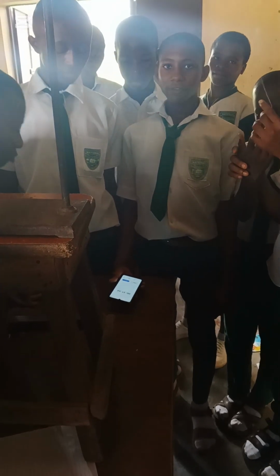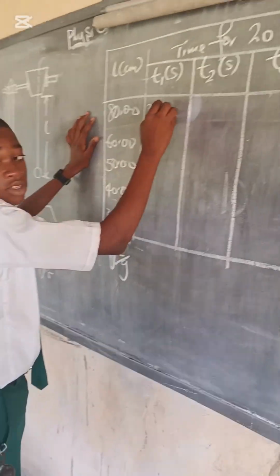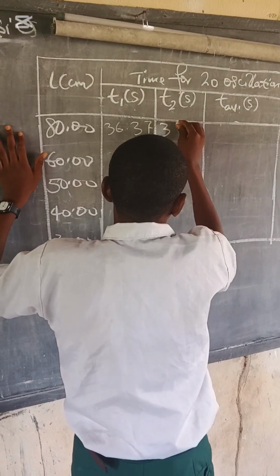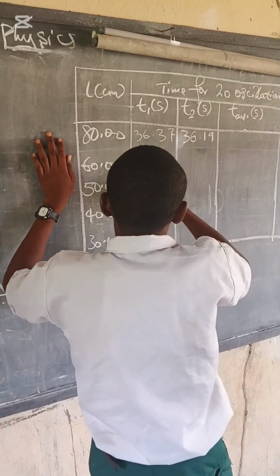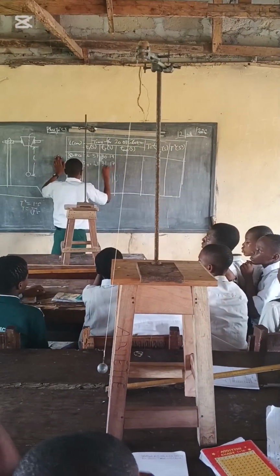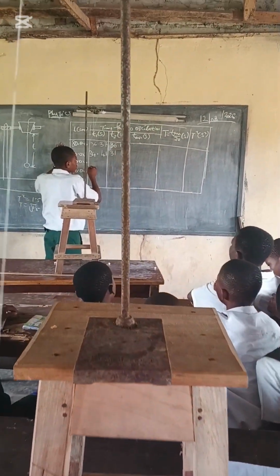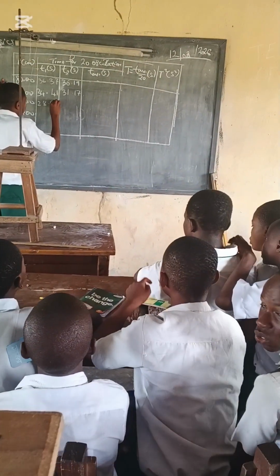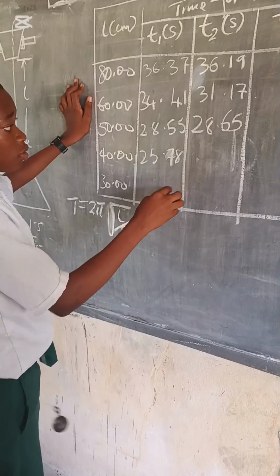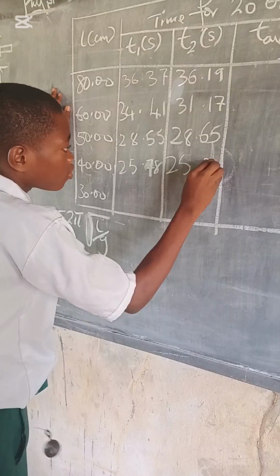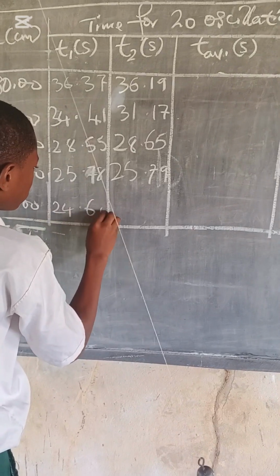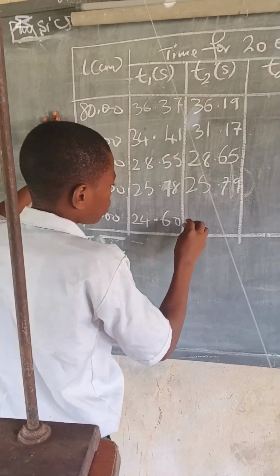What is the time? 31.41. 36.19. 31.17. 28.55. 24.60.